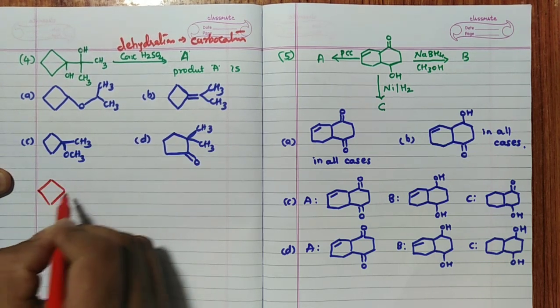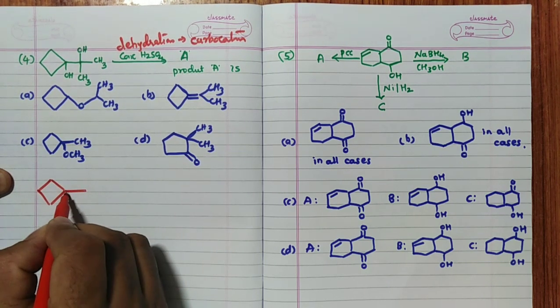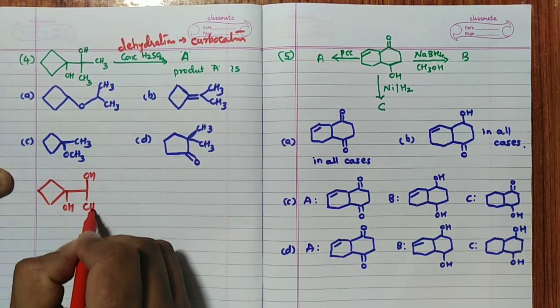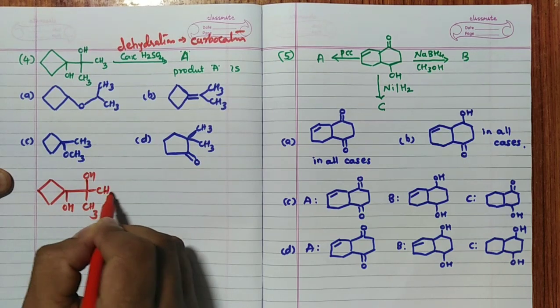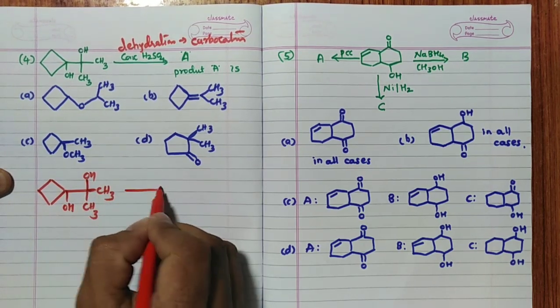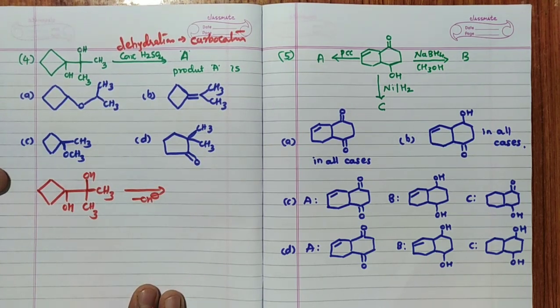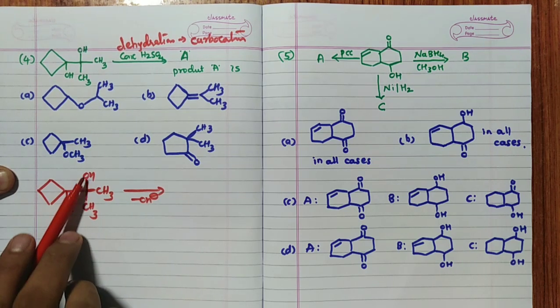This particular cyclobutane, right? So OH is here, CH3 and CH3. So the first step, remember, is formation of carbocation by loss of OH minus. Which carbocation to form? Remember, if I remove this OH, this is a tertiary carbocation.